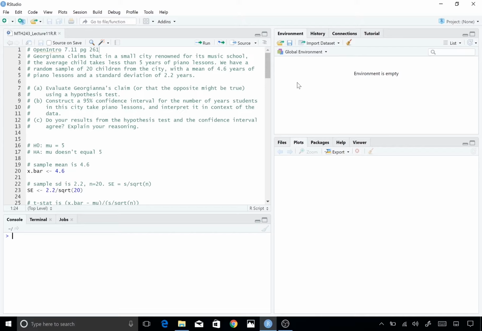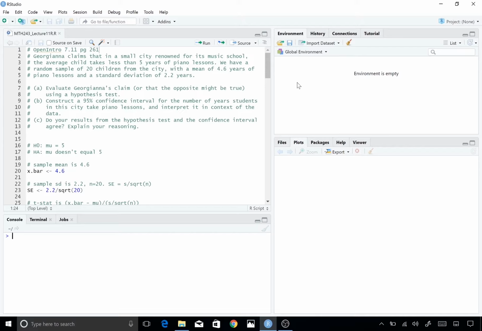If the t-statistic is positive, we'll get the area ahead of it, then double it. Our p-value is this area here, and that is 0.4262. This is higher than 0.05, so we fail to reject the null hypothesis.